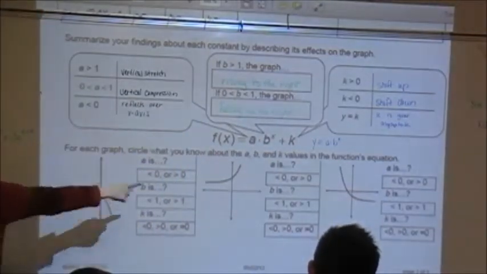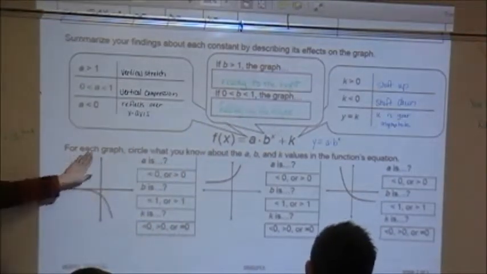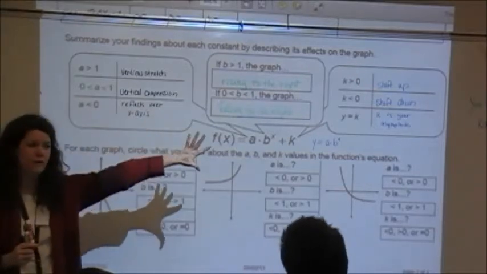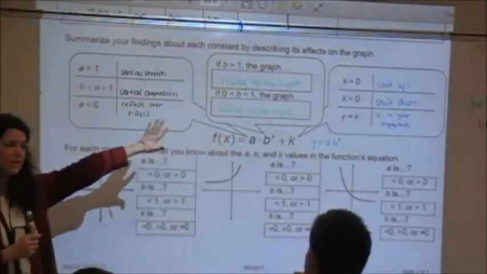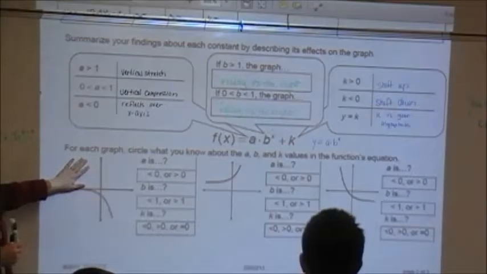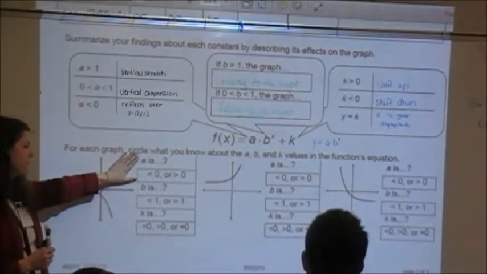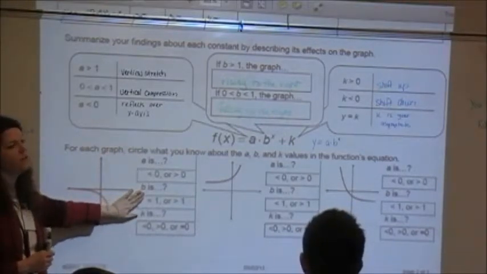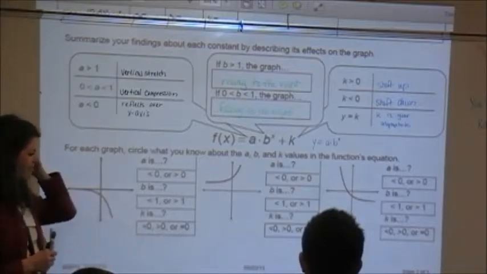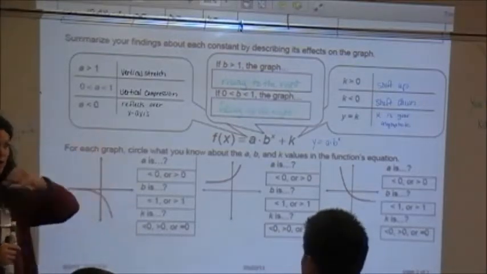Okay, so now we're going to look at these 3 things on the bottom. Based on what we just reviewed as far as transformations go, we want to figure out whether our A value is positive or negative, whether our B value is less than or greater than 1, and whether our K value is less than 0, greater than 0, or equal to 0.